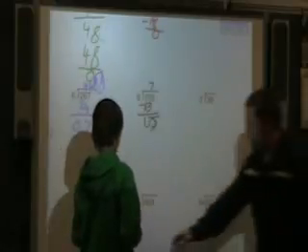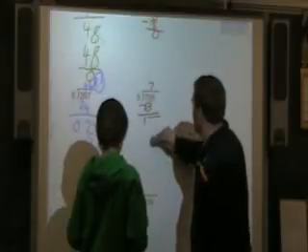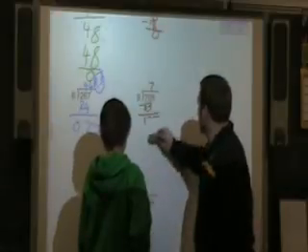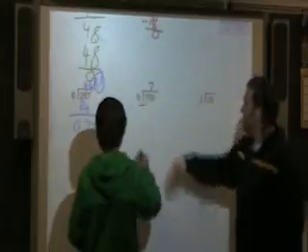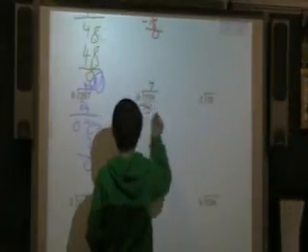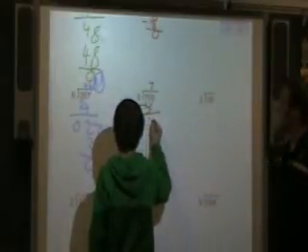We're going to erase this and rewrite 63 minus 63. Put 7 right there.